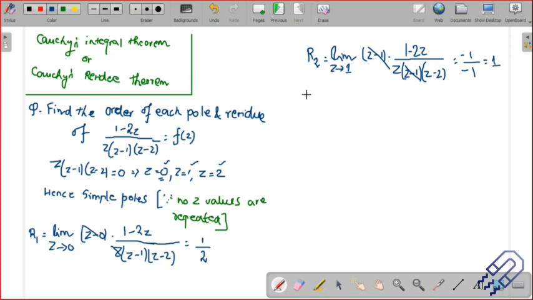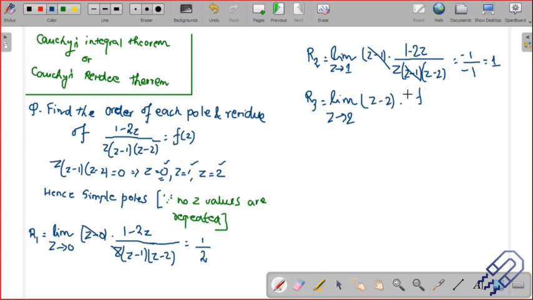So that's R2. And if we find R3, it is limit z tends to 2 now. It's also a simple pole. Simple pole, don't need to differentiate. If it's not a simple pole, you have to differentiate. That's it.